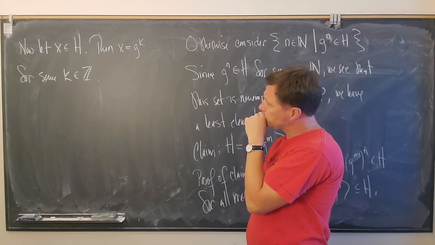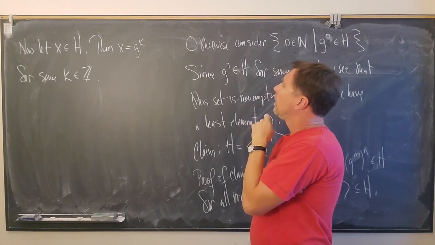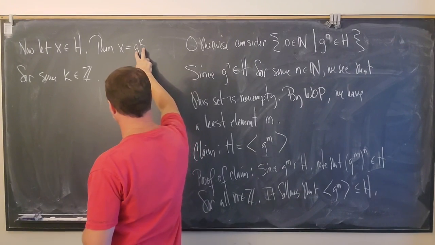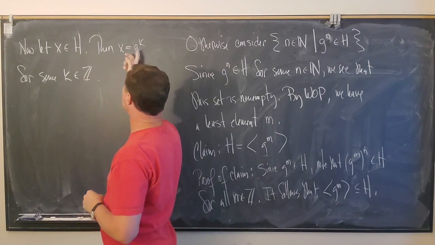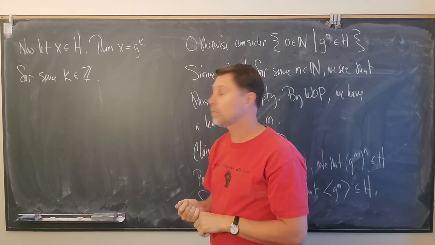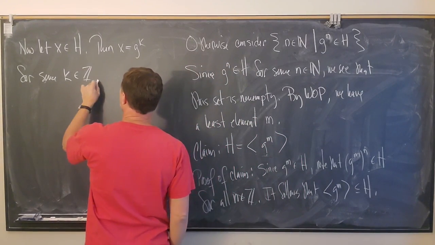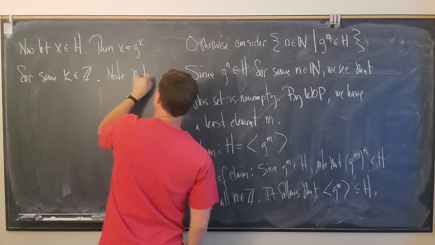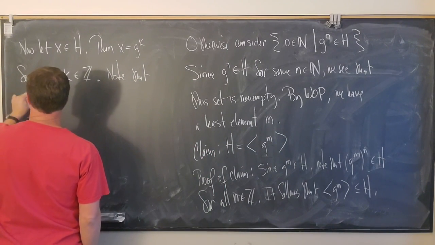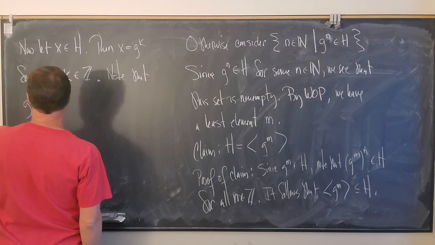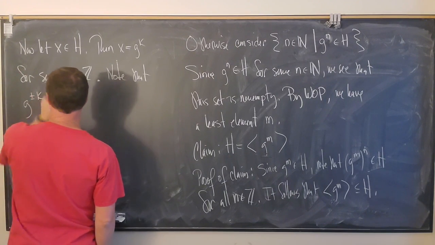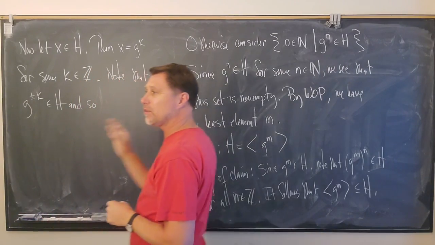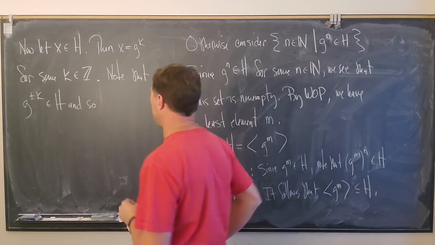But if g to the k lives inside H, then so does g to the minus k. Note that g to the plus or minus k then has to live inside H. And so we can just assume that little k is actually a positive number.